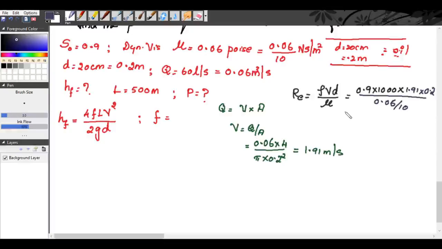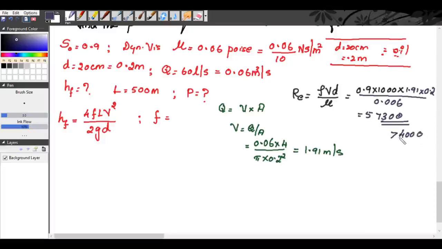We will write 0.006. So, we get the Reynolds number as 57,300. This is greater than 4000.